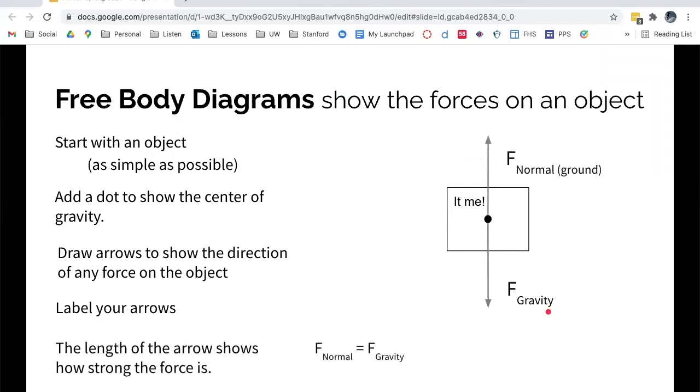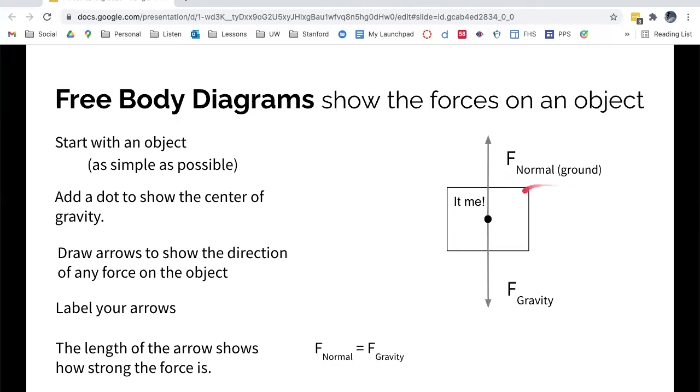You can then add other arrows to show any other force. And the thing about the arrows is that the size of the arrows matters. How long they are shows you how much force you think there is pushing or pulling on that object. So while gravity is pulling me down, the force of the earth, the ground underneath me, or the floor in my room, was pushing me back up with that same amount of force, opposite but equal force.